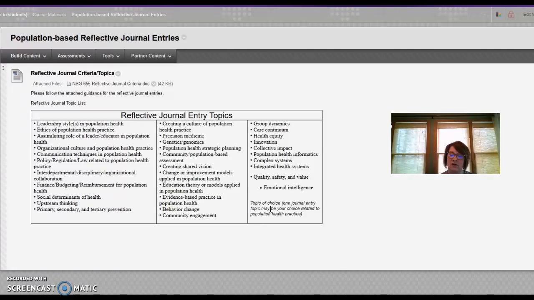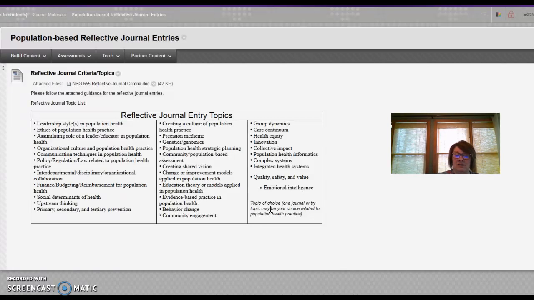I want you to be very deliberate about your journal entry topics, because this will help you with your goals and objectives as well. So you want to make sure that everything connects, and really use the assignments as a means to achieve your goals and objectives for the practicum and for your career.